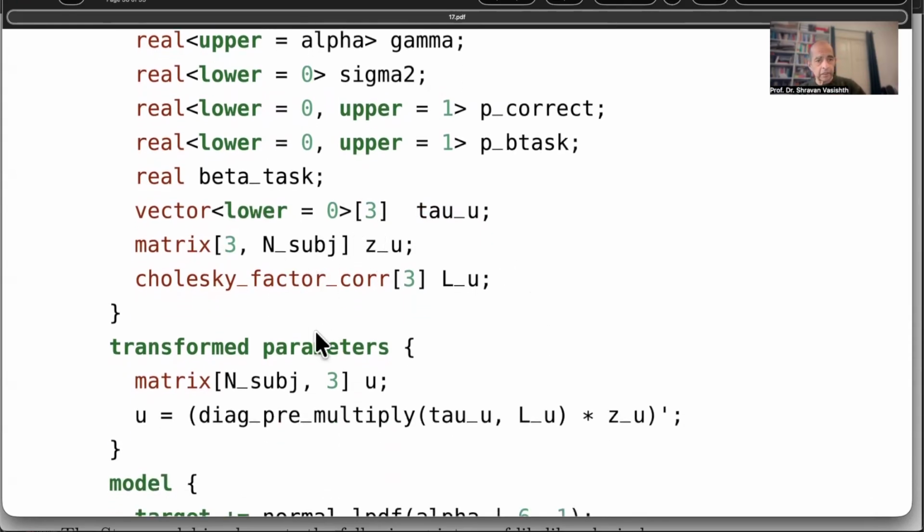Now we are doing the familiar thing that we did earlier: in order to produce the U matrix, we first get the Z's from a standard normal, and then we do the Cholesky factorization, and get back the U's, just like we did earlier.